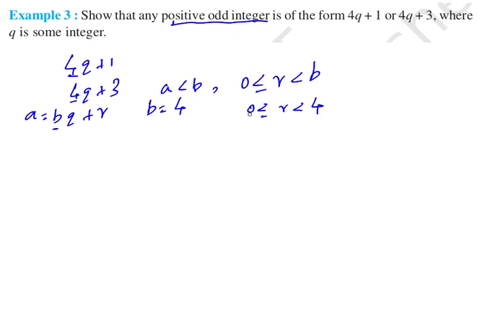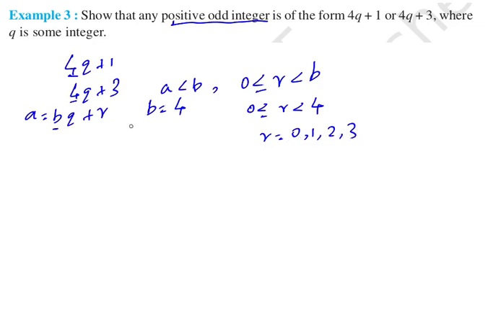r can be 0 also. So r equals 0, and r can be greater than 0 also. Greater than 0 means 1, 2, 3. But r should be less than 4, so we should not include 4 for r. So the range of r will be 0, 1, 2 and 3.